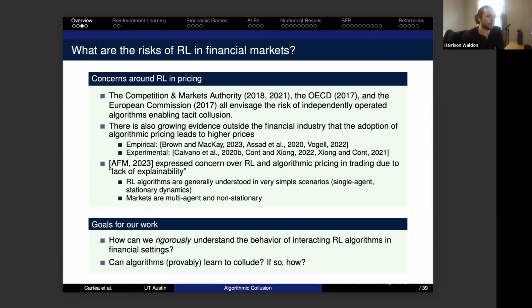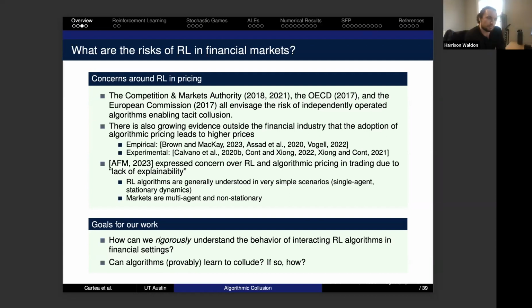While RL has seen empirical success in robotics and engineering, financial regulators have expressed concerns over the possibility of firms relying on entirely autonomous algorithmic trading and algorithmic decision-making.